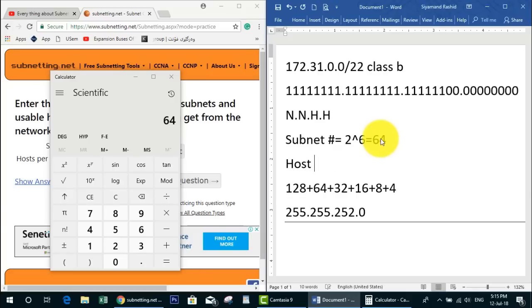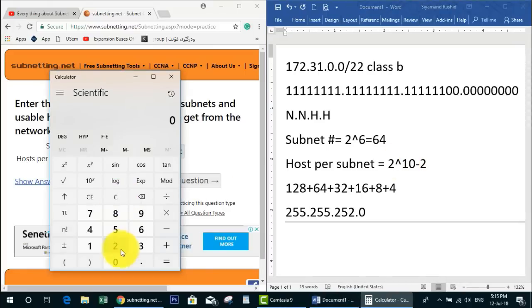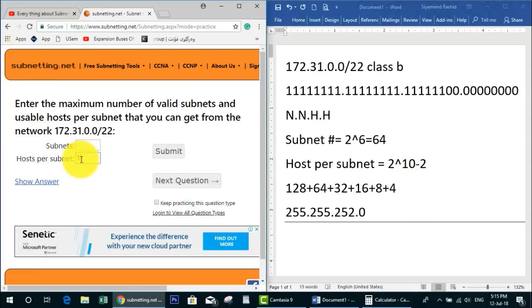And for the hosts per subnet, we have 8 zeros and 2 zeros here, so it means 10 zeros. So 2 to the power 10 minus 2 equals 1022 hosts, and we have 64 subnets. Correct?